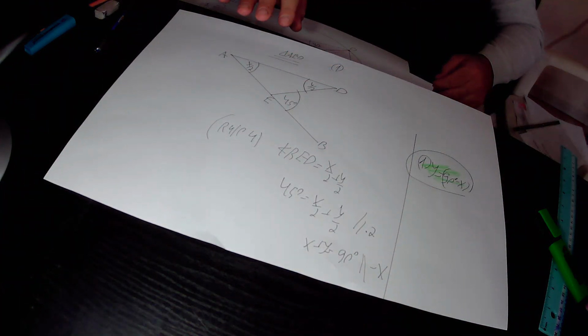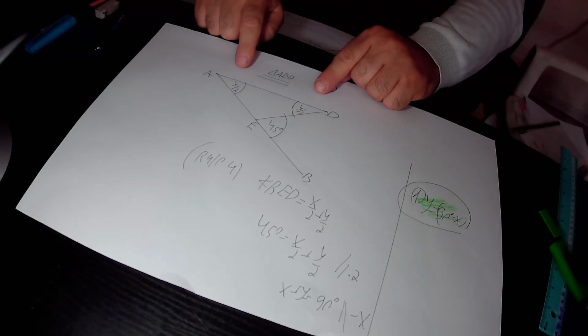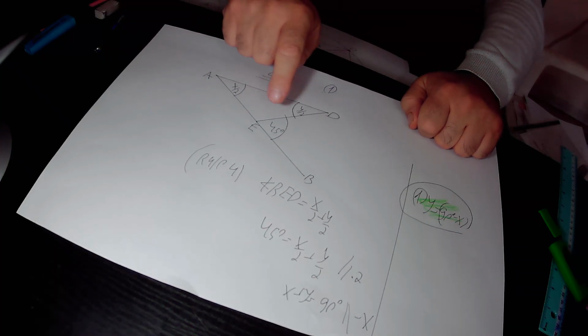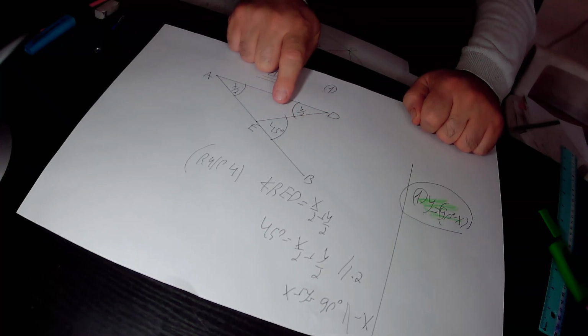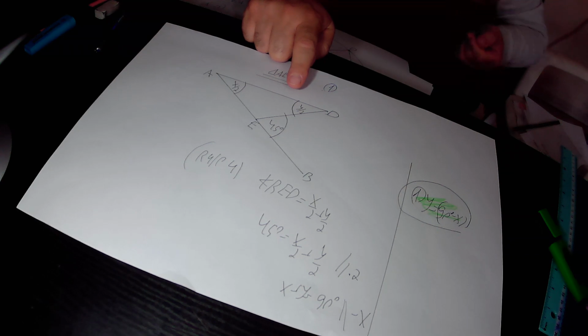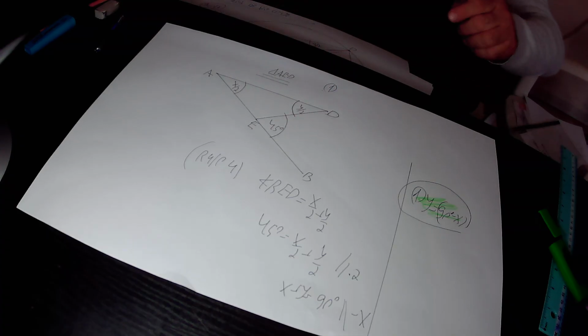In our drawing, we have triangle ADE. Inside triangle ADE, we have those two angles, x over 2 and y over 2. And we have also angle DEB, that is defined as an external angle in relation to this triangle DEA. The size of the external angle DEB is 45 degrees.